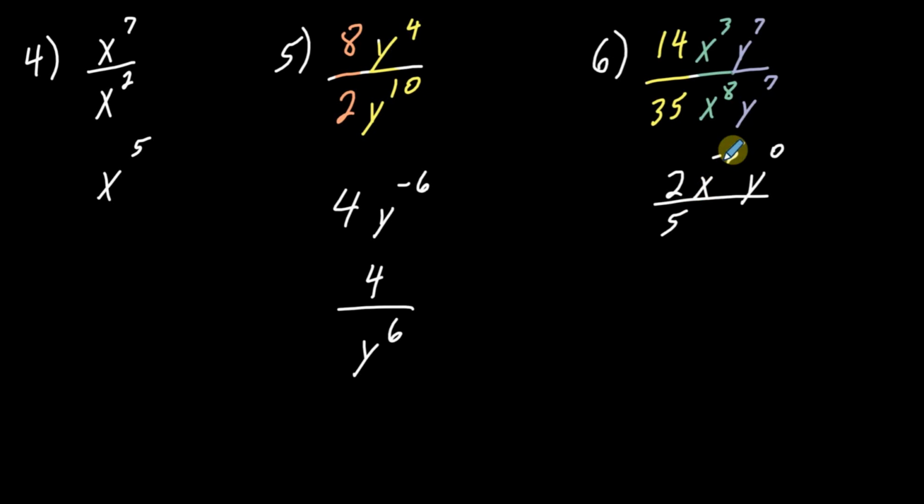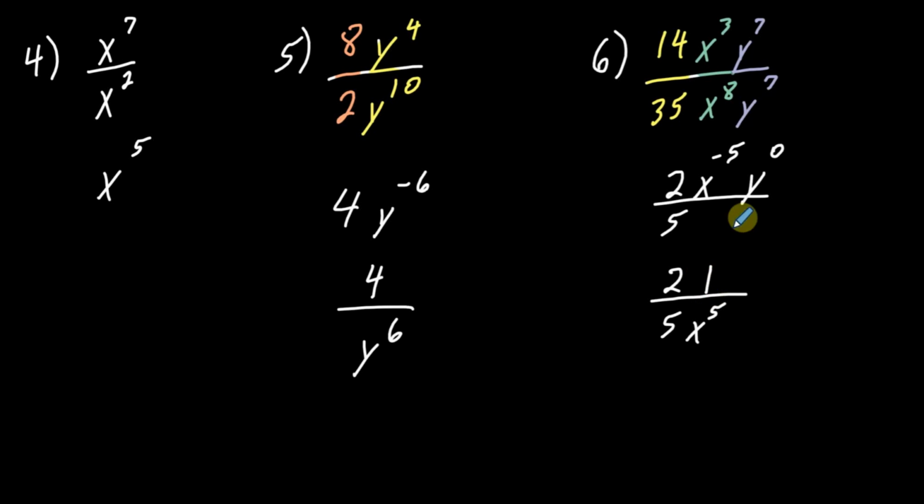Okay? So this thing has a negative exponent, so it needs to be moved to the bottom. So we're going to have 2 over 5, right? 2/5. And then x to the negative 5 has to move to the denominator to become a positive exponent. And any number to the 0 power, I don't care what it is, raised to the 0 power, it's going to be 1.